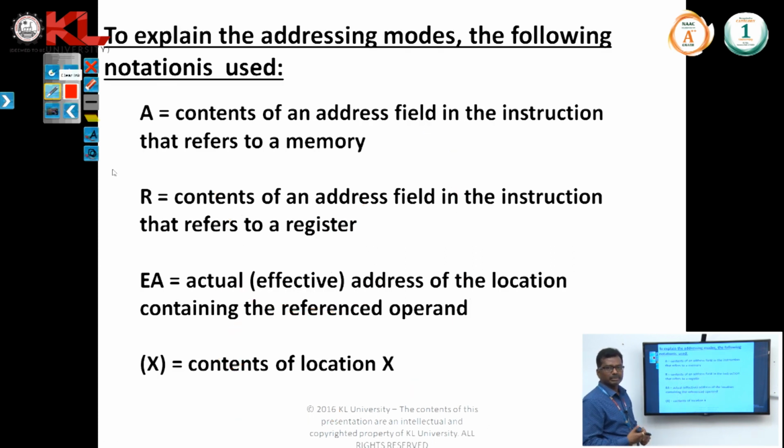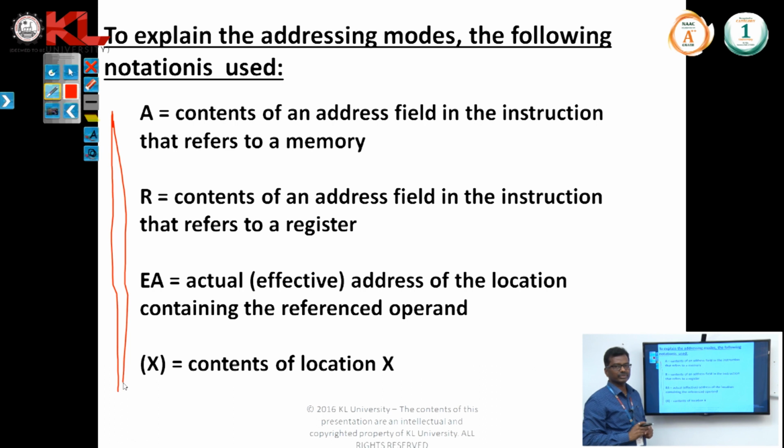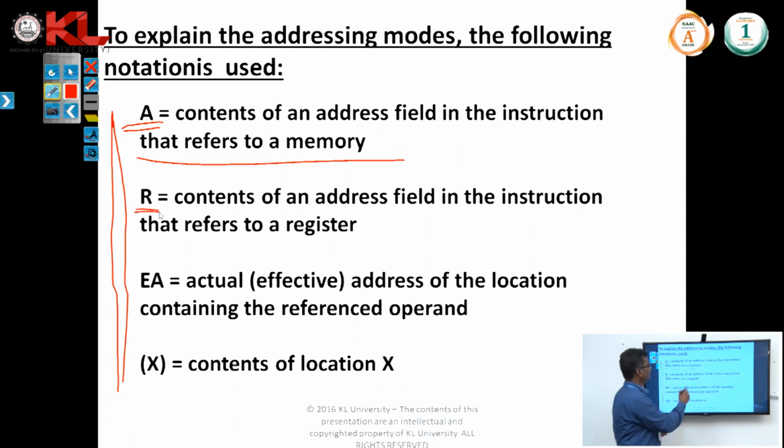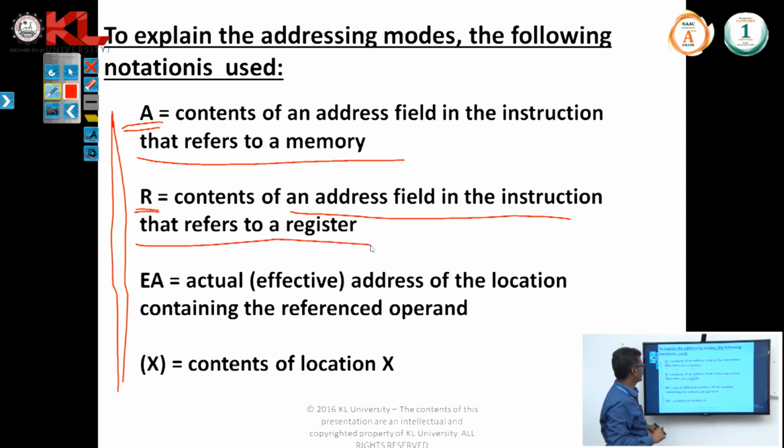Before we see immediate addressing mode or other addressing modes, there are certain standard notations used in all the addressing modes. For example, A means the contents of an address field in the instruction format that refers to a memory, and R means the contents of an address field in the instruction that refers to a register.